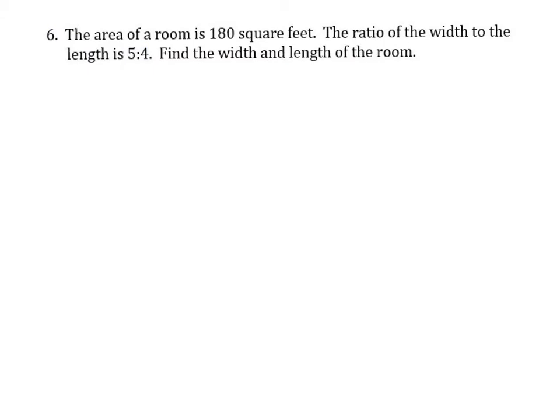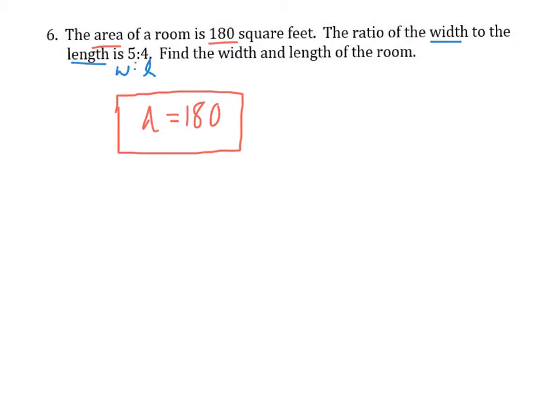Next problem, now I'm dealing with the area of a rectangular room. I know that my total area is 180 square feet. And they're telling me the ratio of width to length. So width to length is 5 to 4. In other words, if my width is 5 and my length is 4, that should give me my area.